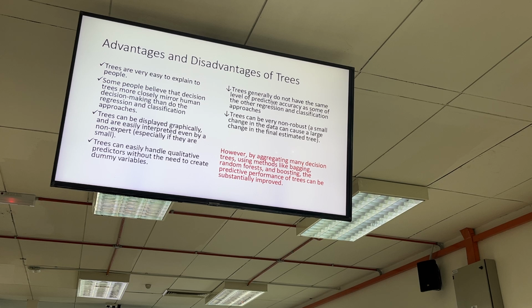Just a little difference in the sample, and the whole decision tree is going to be different. So how do you rely on your prediction or explanation based on that? However, this can be overcome if we aggregate many decision trees using methods such as bagging, random forest, and boosting.